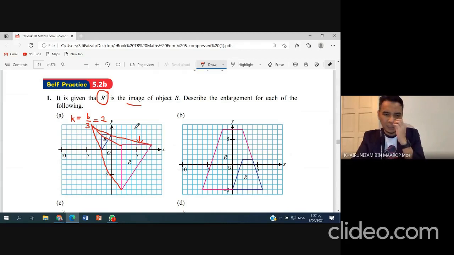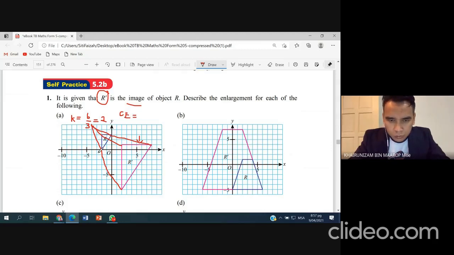Okay, something like that lah. Kan cikgu punya ni tak betul sangat. So center of enlargement, cikgu tulis CE, center of enlargement dia equal to berapa ni?